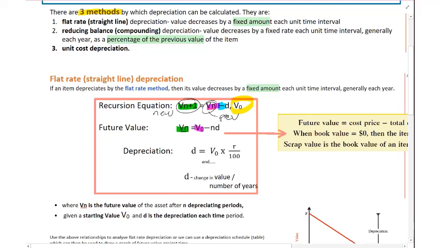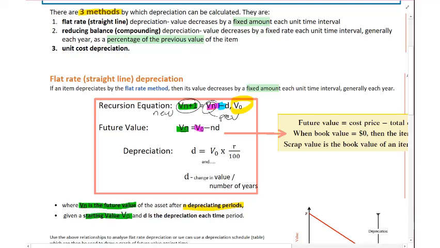Now, so it's Vn equals V0, remember that's basically our principal value, minus n, being the number of depreciation periods down here. Okay, we've got Vn here being the future value, and V0 is the starting value.